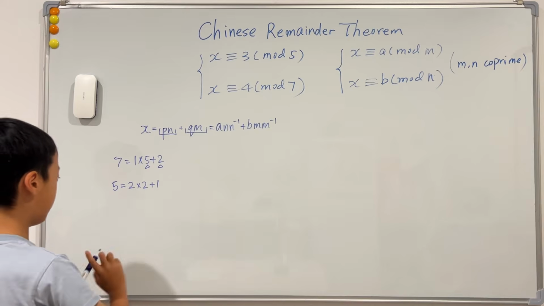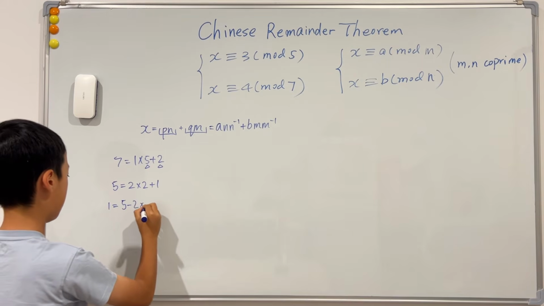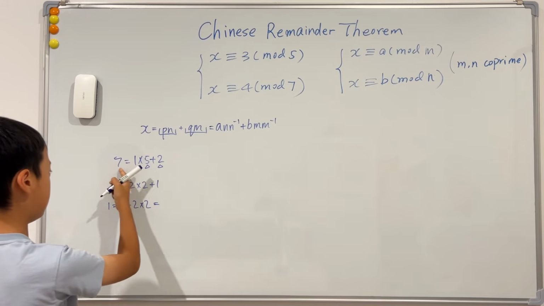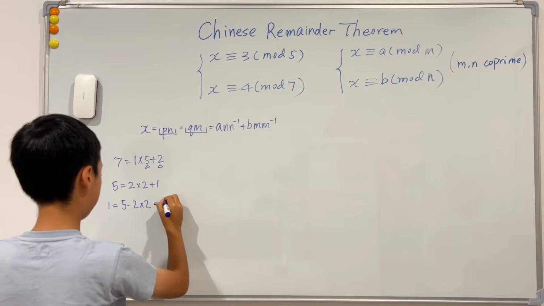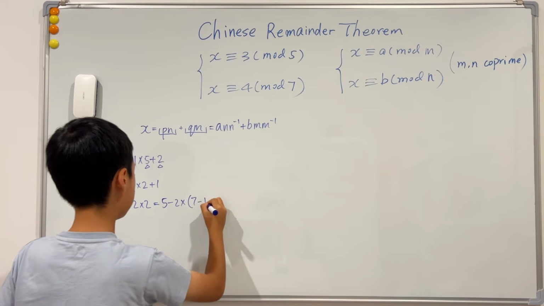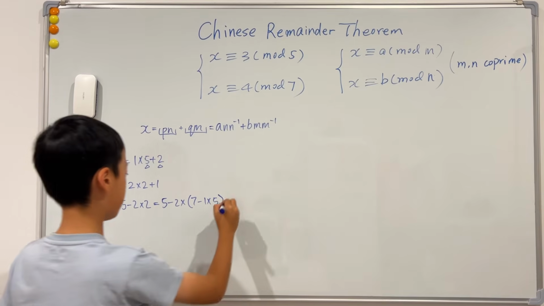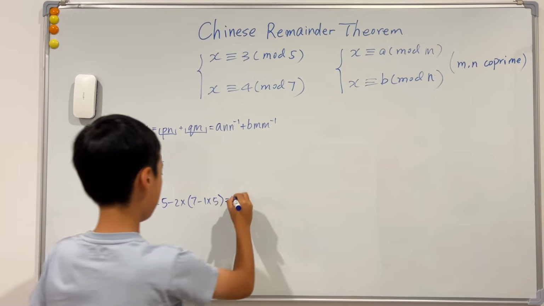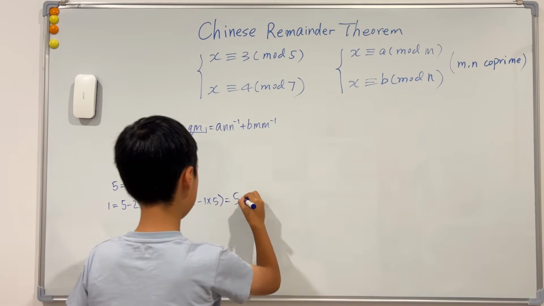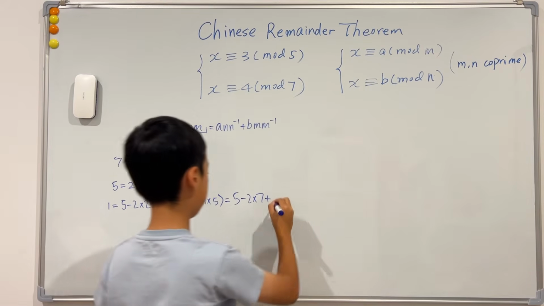So we start from 1. What is 1? Well, 5 minus 2 times 2. Now, what is 2? 7 minus 1 times 5. So 5 minus 2 times 7 minus 1 times 5. Right? So this becomes, if we expand and collect like terms, 5 minus 2 times 7 plus 2 times 5.